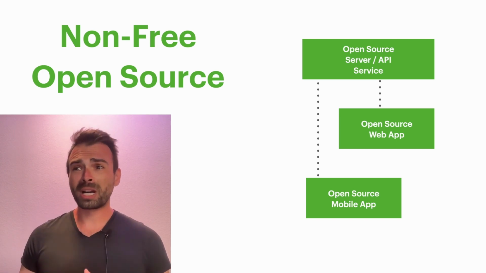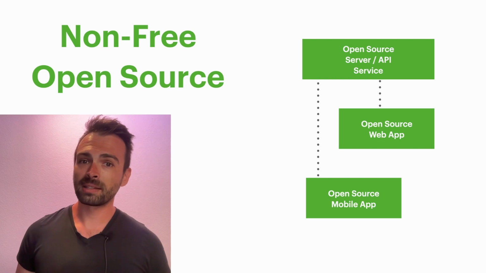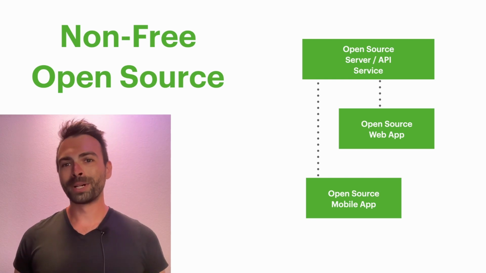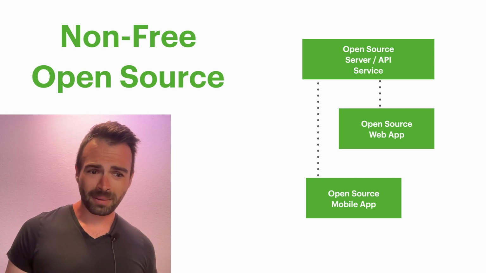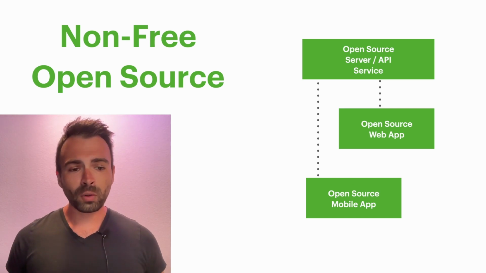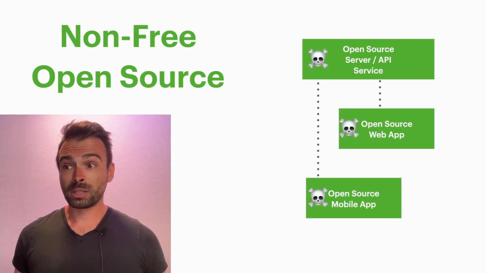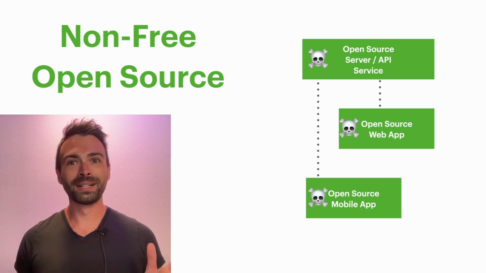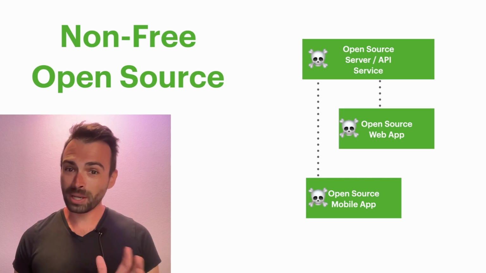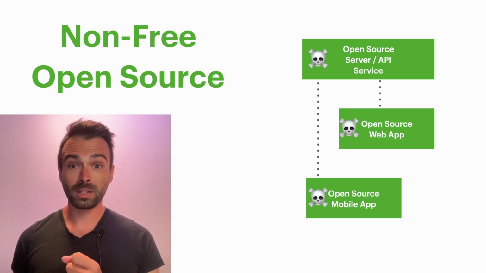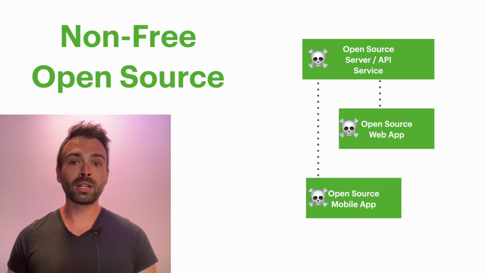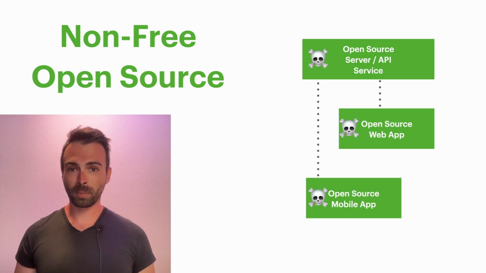Some of them are kind of like open source in the sense that the source is on GitHub, but the license is such that you might get sued if you actually use that. And on that note, there's a big variety of open source packages that I think are real open source, but they are a little bit like poisonous in the sense that if you use a little bit of that code in your application, then all of a sudden your whole application needs to be open sourced.